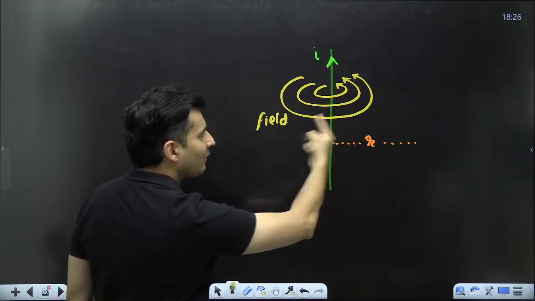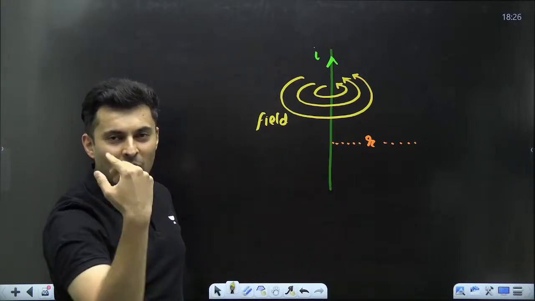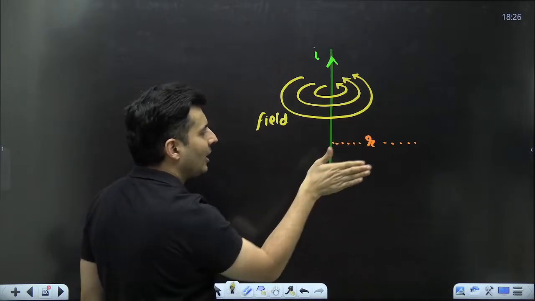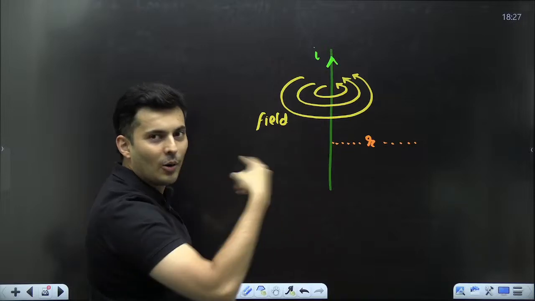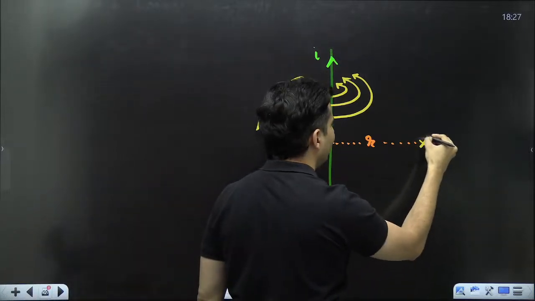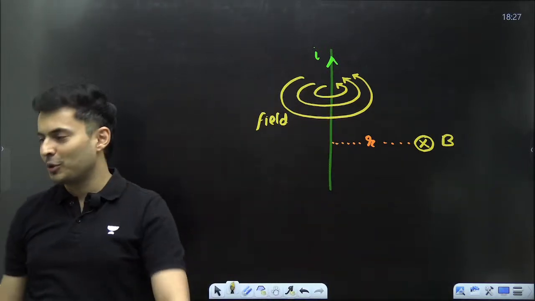The magnetic field lines go around it in circular arcs or circles, concentric circles, as directed by your four fingers. Those four fingers of your right hand will direct how those magnetic field lines should go. So hence the magnetic field over here should be inside.